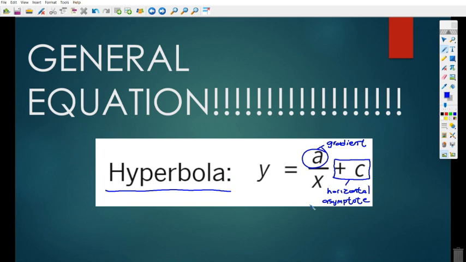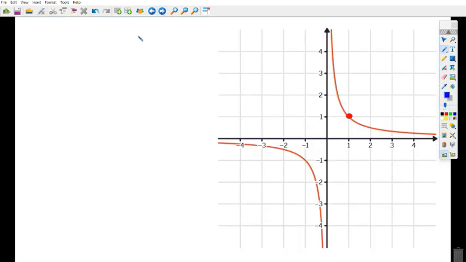Now knowing that, let's see if we can find the equation of these hyperbolas that I'm going to give you. Moving on to the next slide. If I give you this point, 1 and 1, let's first recognize a hyperbola. What's new about a hyperbola? We have our asymptotes, so let's put those in.